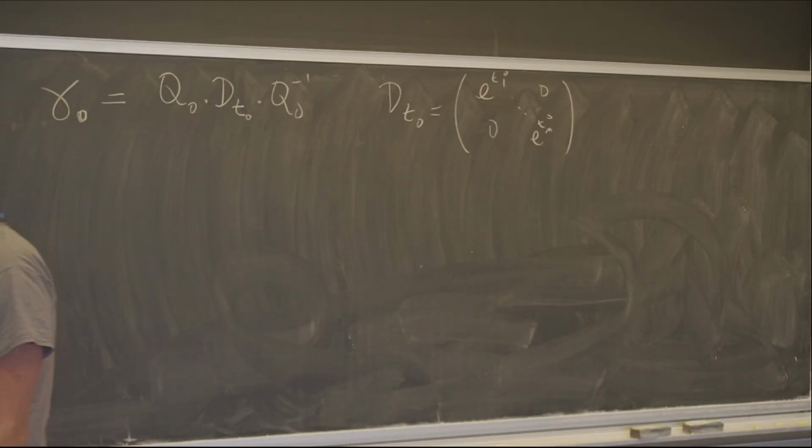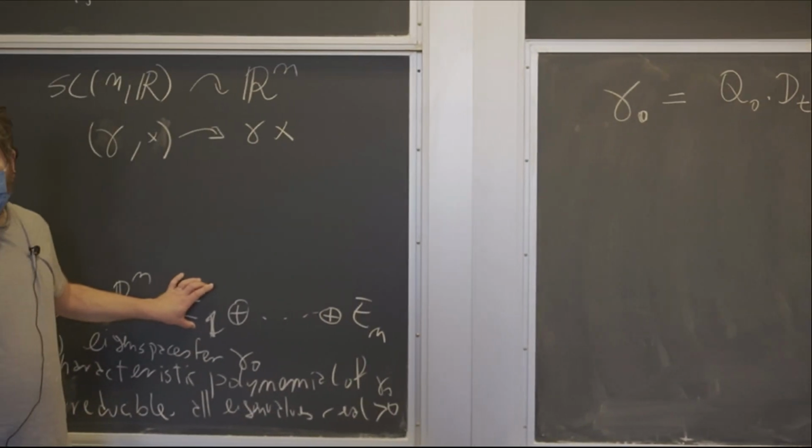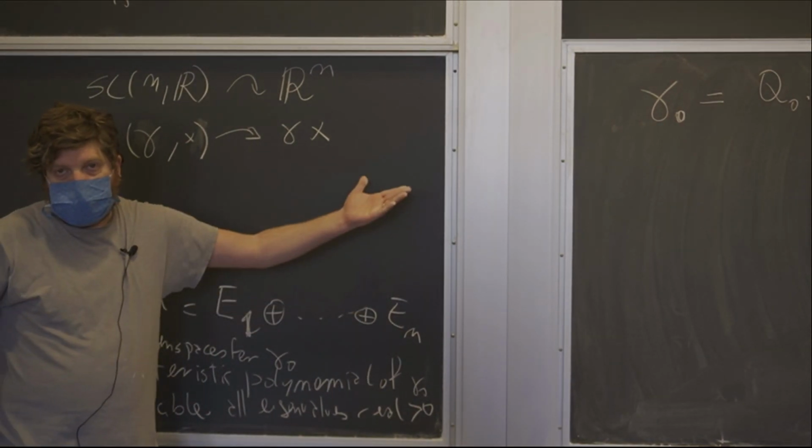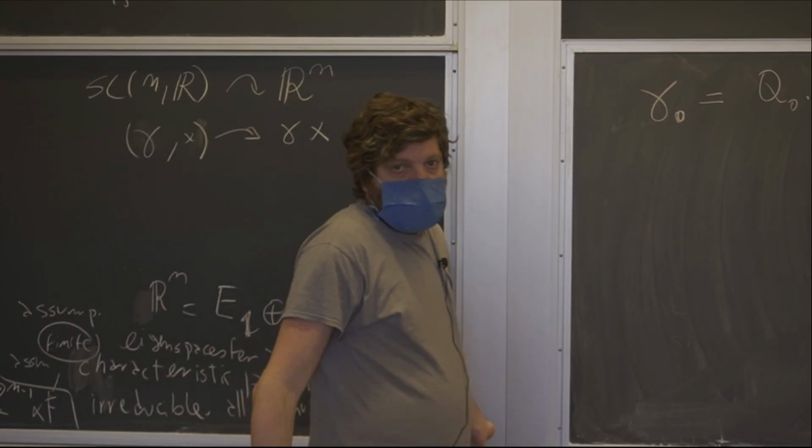The matrix Q naught is just taking this splitting and making it the standard splitting in some order, whichever order.